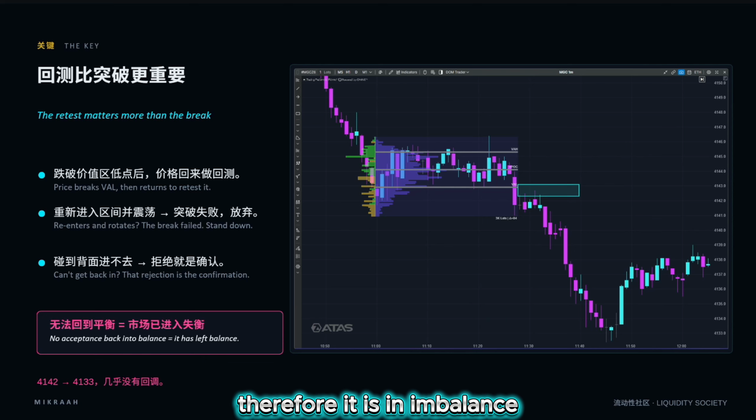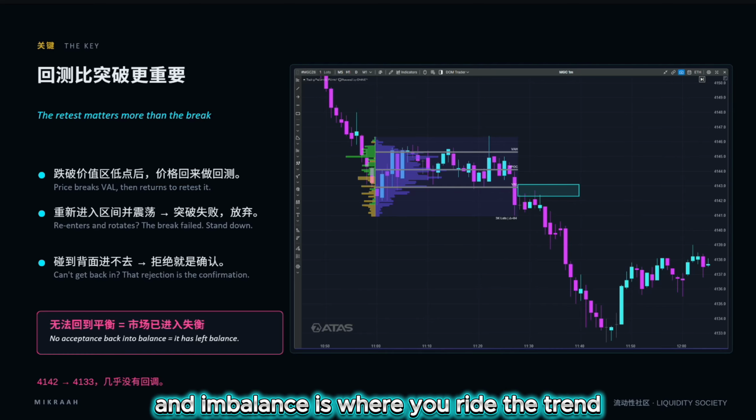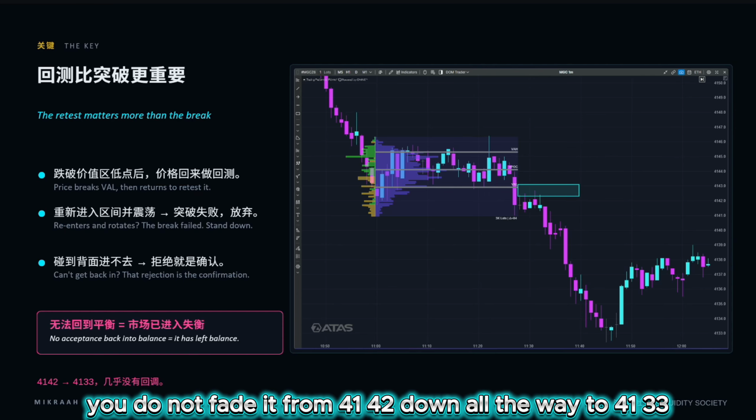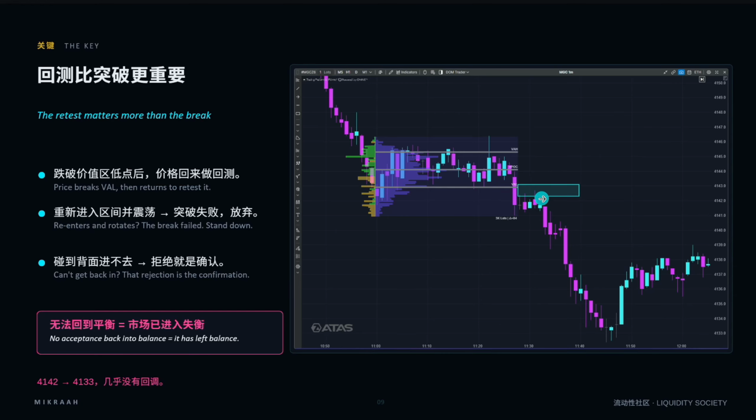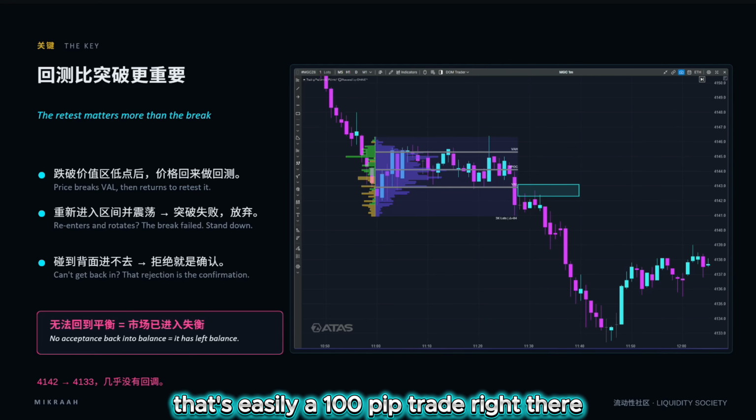And when the market leaves balance, it becomes imbalanced, okay? And imbalance is where you ride the trend. You do not fade it. From 41.42 down all the way to 41.33 with almost no rotation. That's easily a 100 pip trade right there.